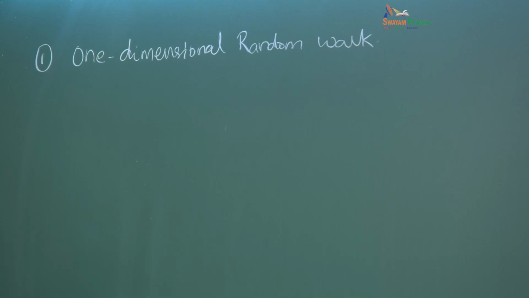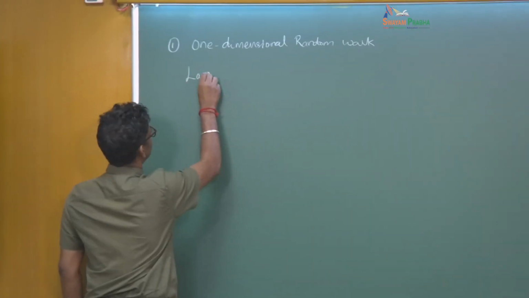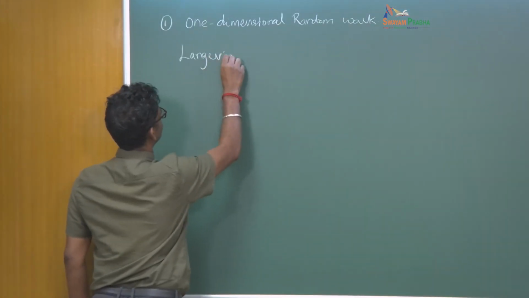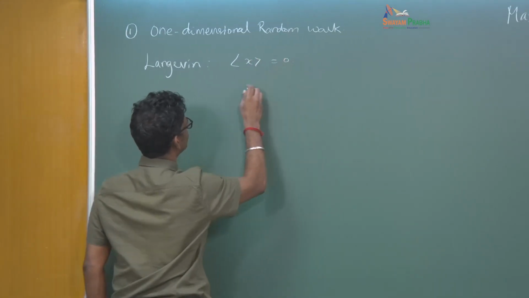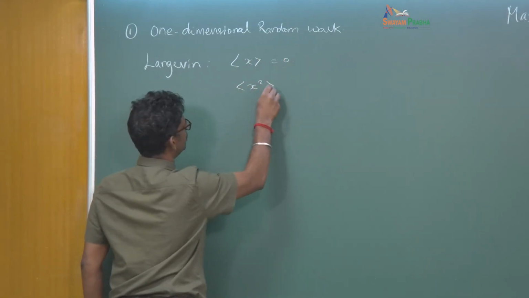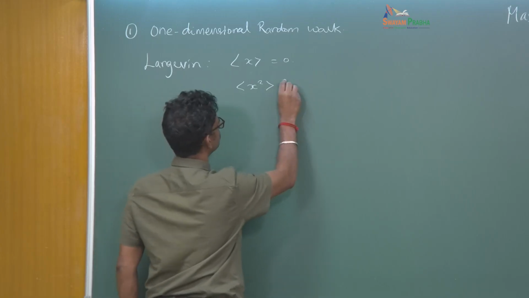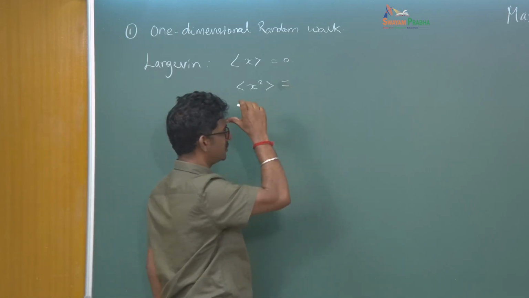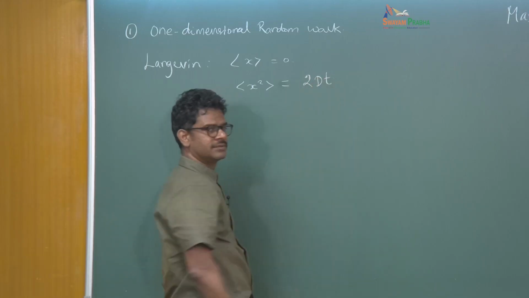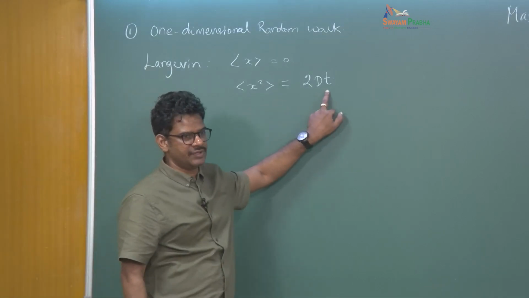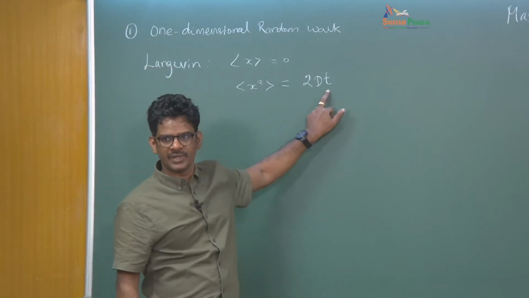So the Langevin prediction is that the mean position is 0 and the mean square displacement was proportional to t, or sometimes like 2Dt. So mean square displacement increases linearly with time. These were the predictions from the Langevin approach.